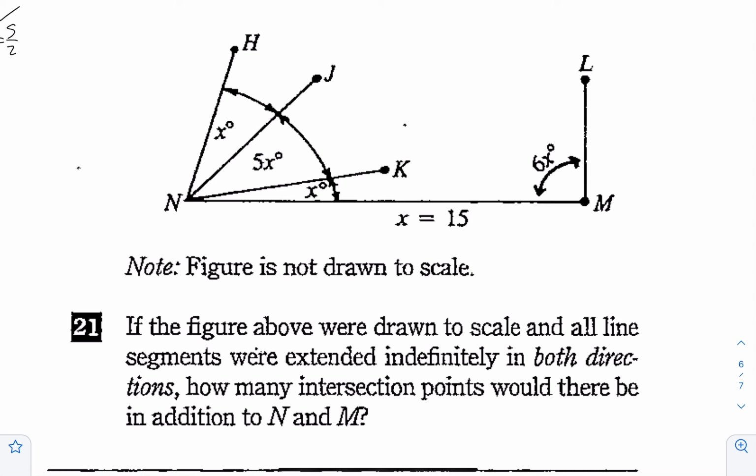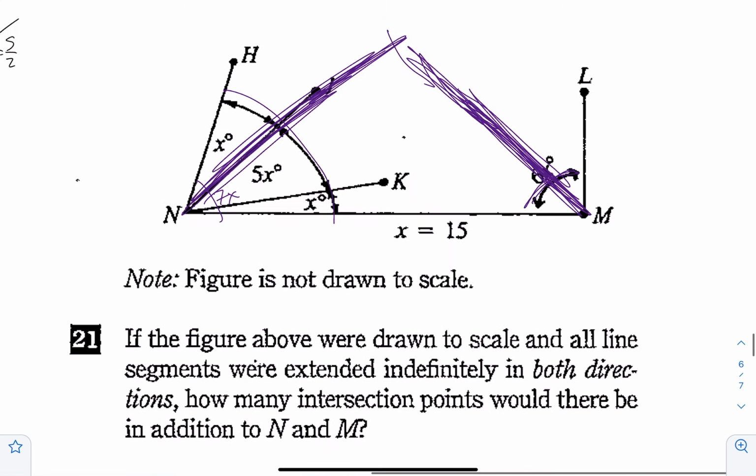Now when you add the angles together, this is 6x, whereas this is 7x total. So L doesn't actually look like this. L and M would actually be the same angle here, because this would be 6x.